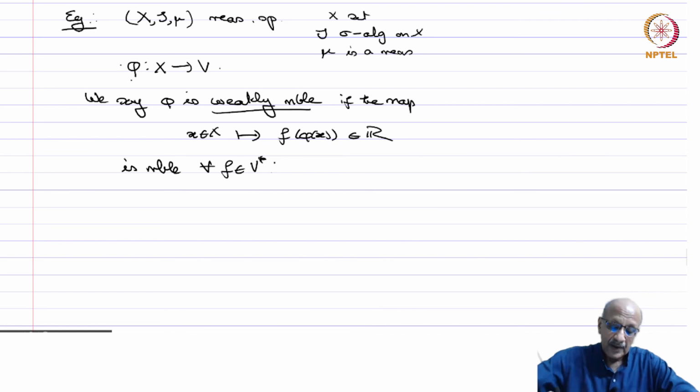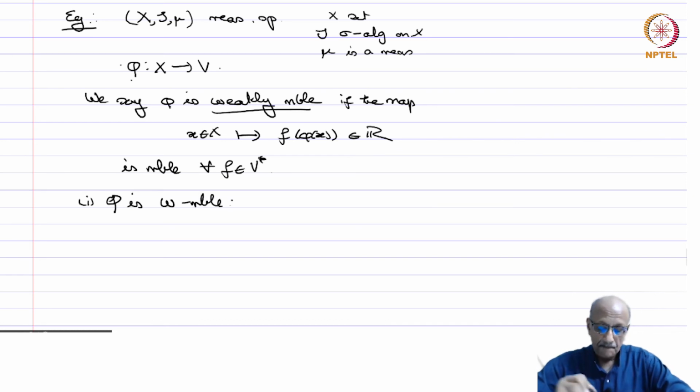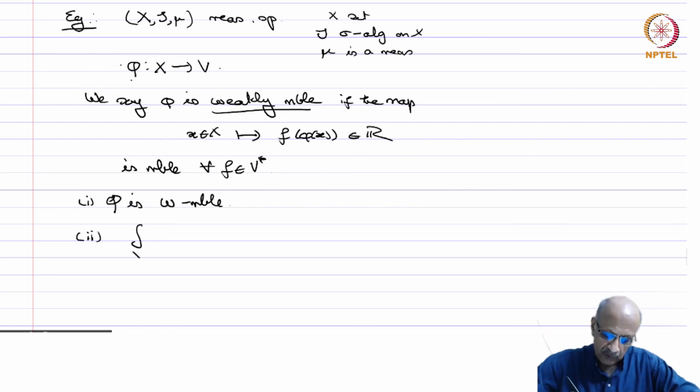Okay. So now let us assume three things. One, we assume that phi is weakly measurable. Two, the integral over X of the norm of phi of x d mu of x is finite.